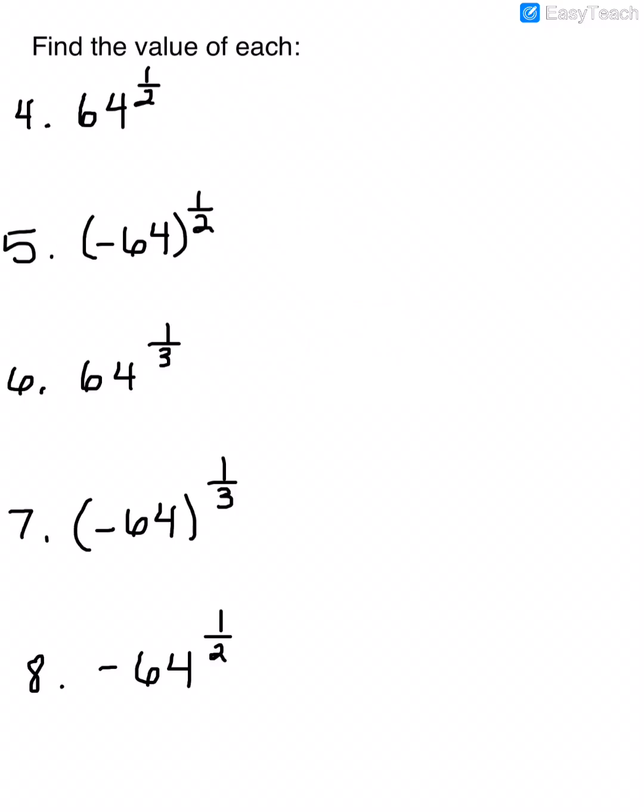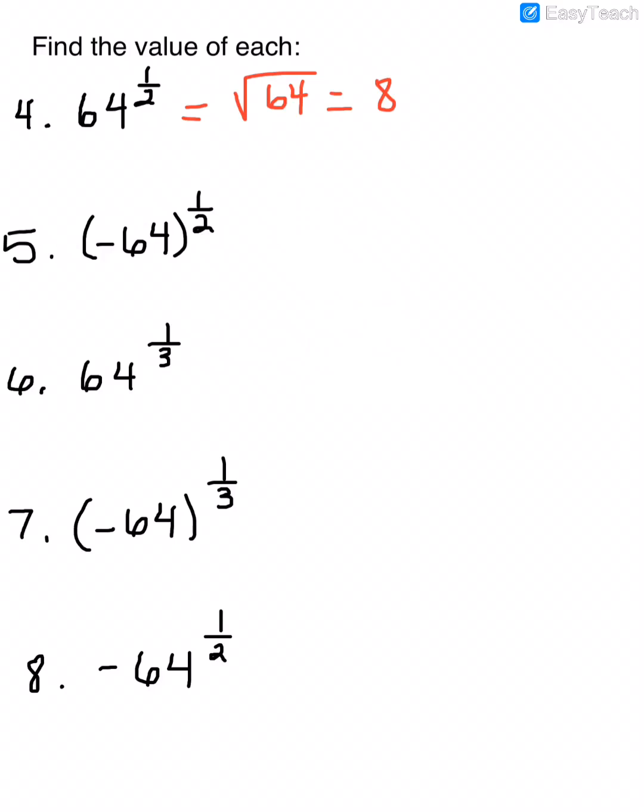In these next few problems, we're to find the value of each. So we're not just rewriting it, we also need to simplify and find the value. 64 to the 1/2 power would be the same thing as the square root of 64. Now we need to find that value, and the square root of 64 is 8.